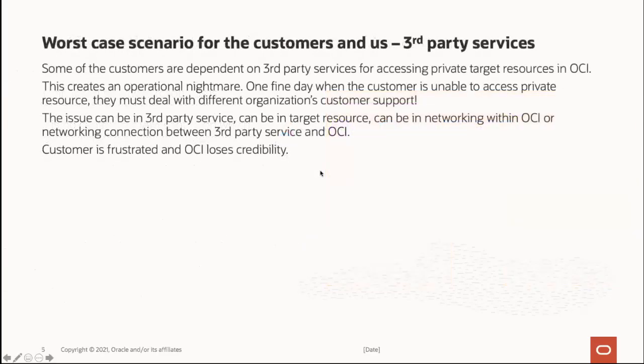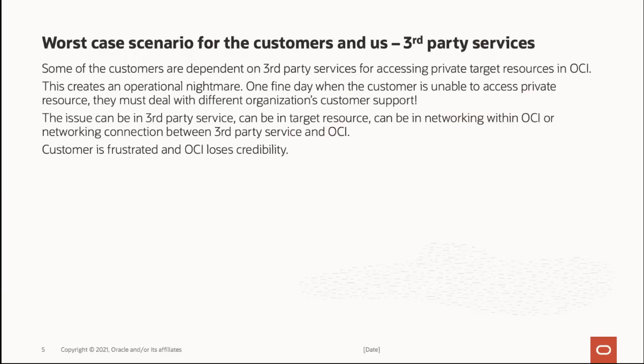Also, thinking about the worst case scenario, if the customers start depending on third-party services, like some SaaS solutions or solutions like CyberArk and others, it creates an operational nightmare, right? Let's say one fine day a customer is unable to access the private target resource, they have to deal with customer supports of different organizations, right?